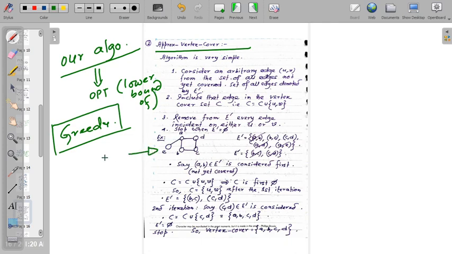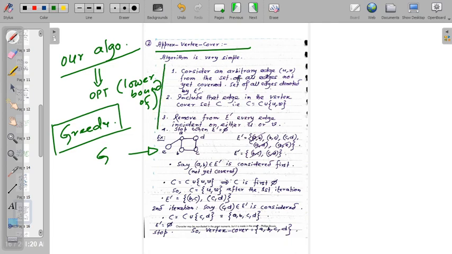Take this graph G, and we are trying to design the approximation algorithm for any such graph. It can have a structure like this. Let us assume this is the graph, and the algorithm is this.